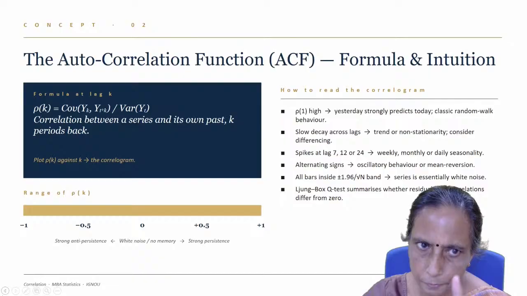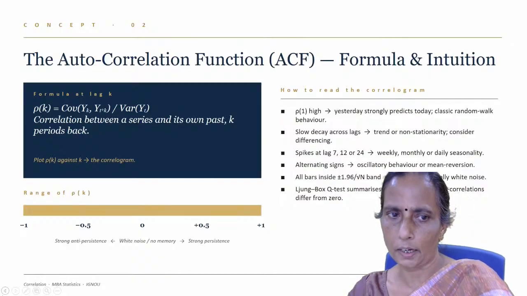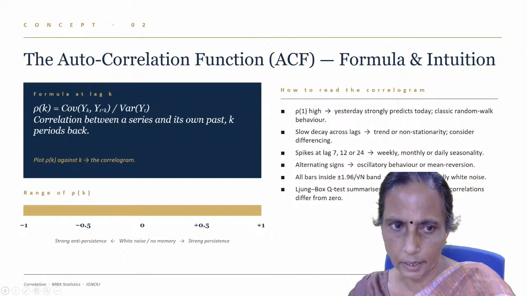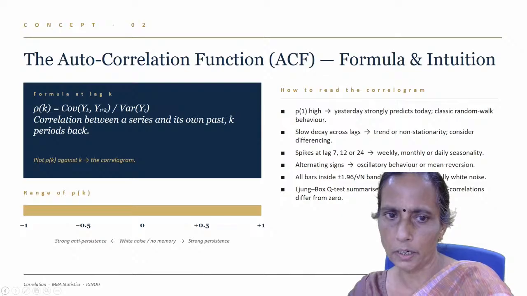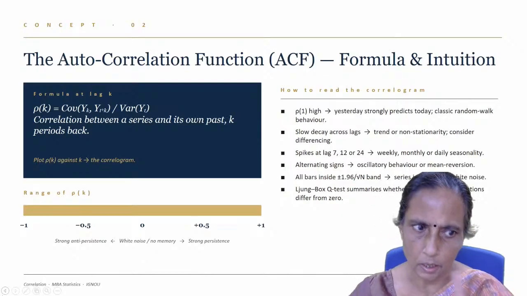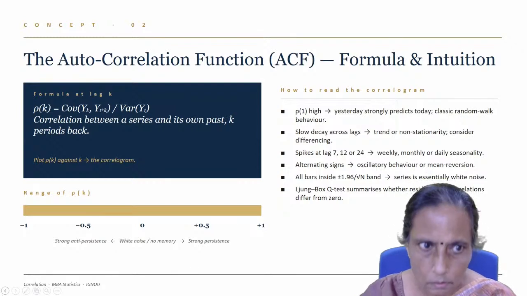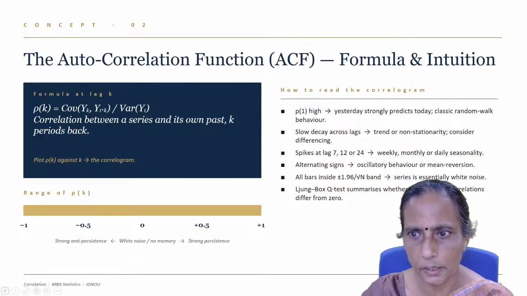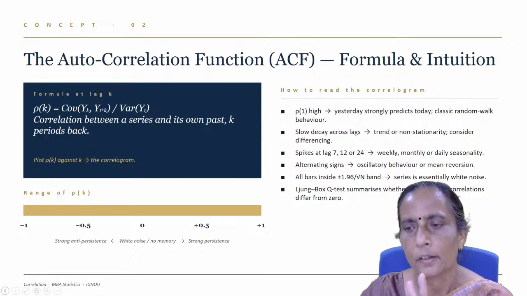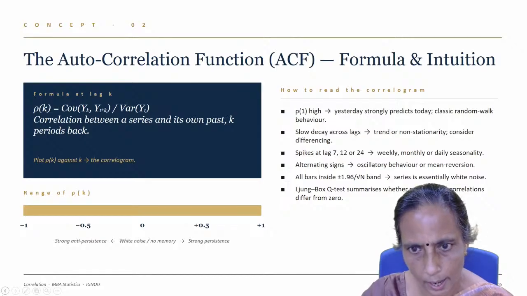Okay, the autocorrelation function rho k is equal to the covariance of y_t and y_(t-k) divided by the variance of y_t. It is the correlation between a series and its own past k periods back. The formula is at, you may say, lag k. So if rho 1 is high, yesterday strongly predicts today. Classic random walk behavior: slow decay across lags.